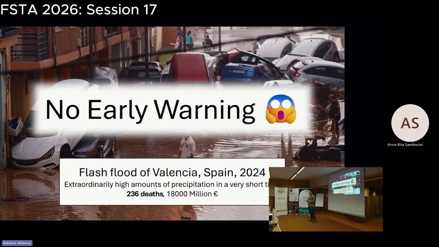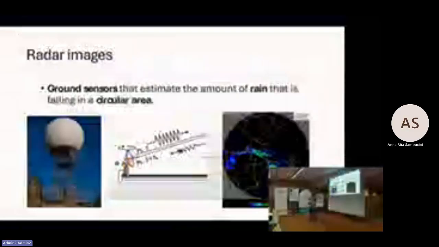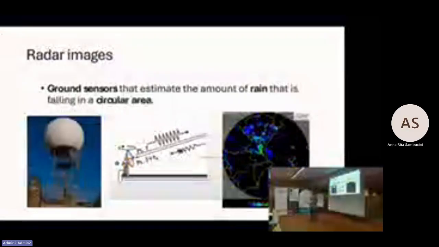The principal problem is that we didn't have any early warning, so most of the deaths maybe could have been prevented. I work with radar images.